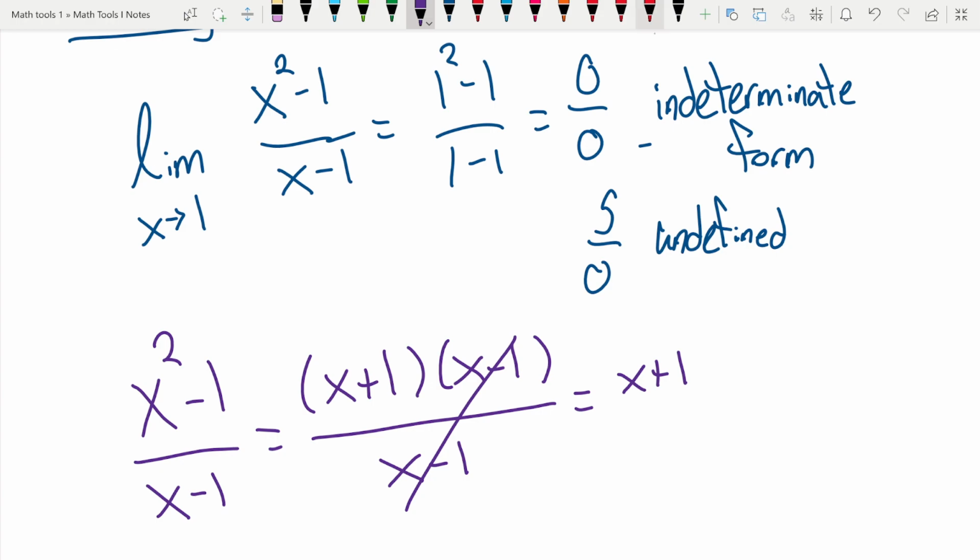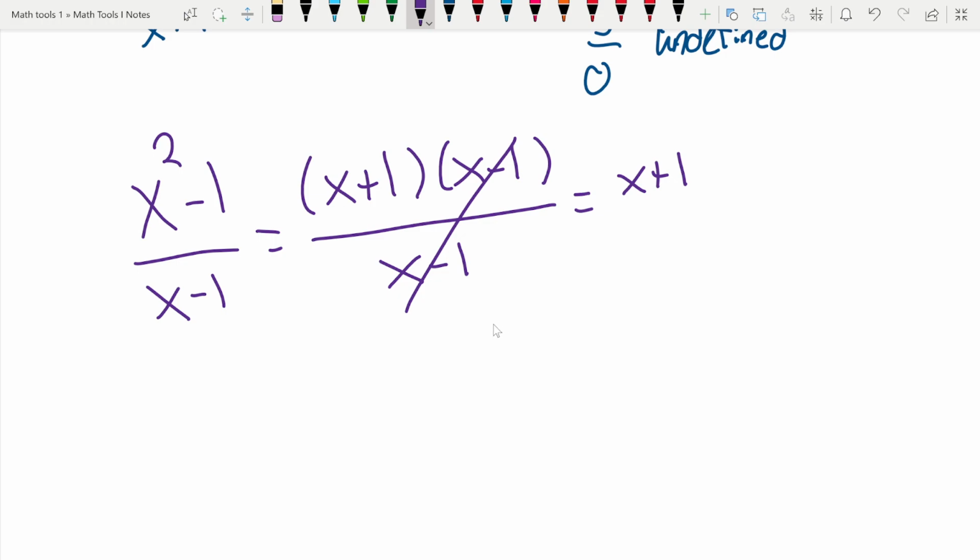The limit really is not concerned with the domain. We've seen several instances where the limit is different than the output of the function, and we can define a limit at an x value which is not in the domain. It just needs to be defined around the domain.